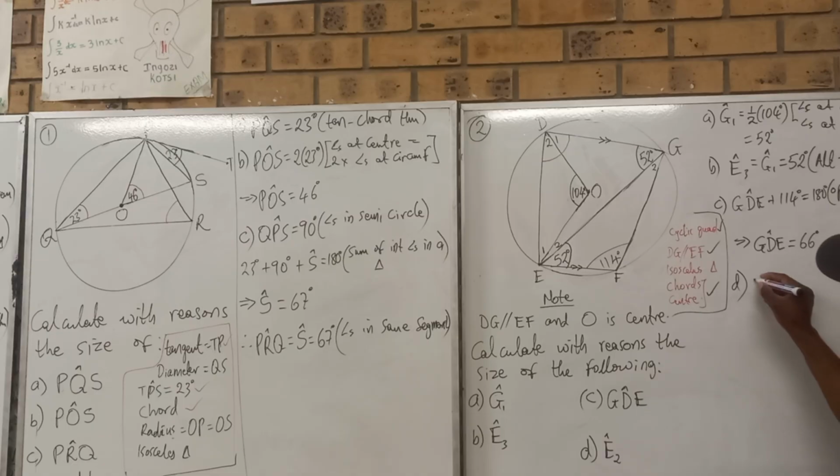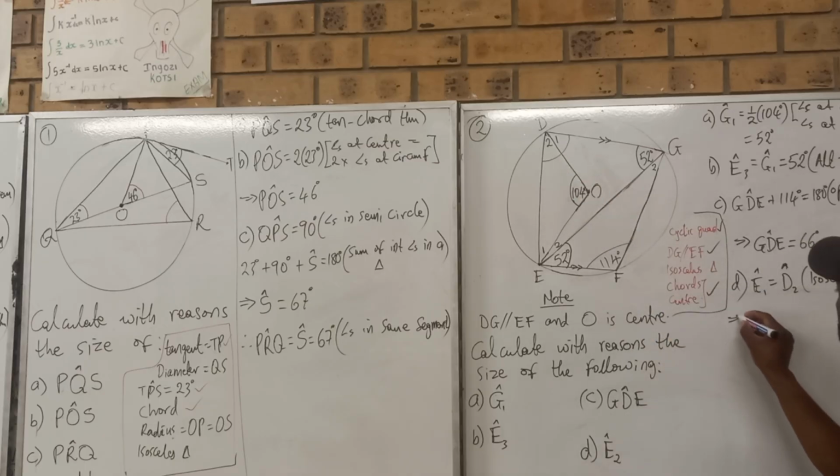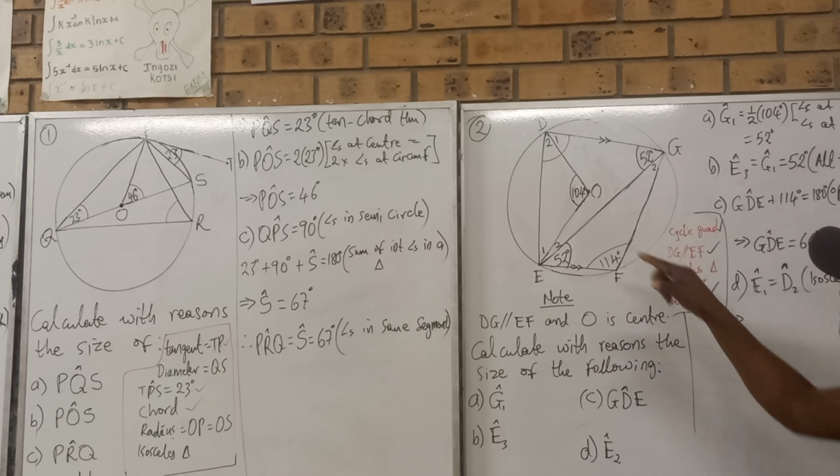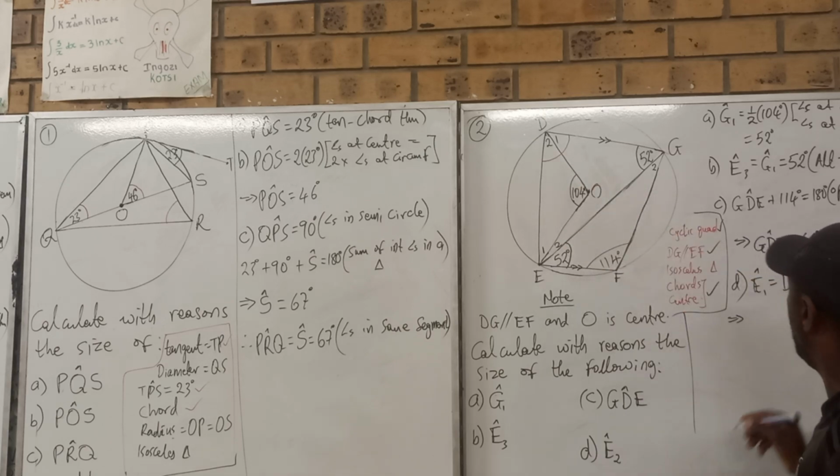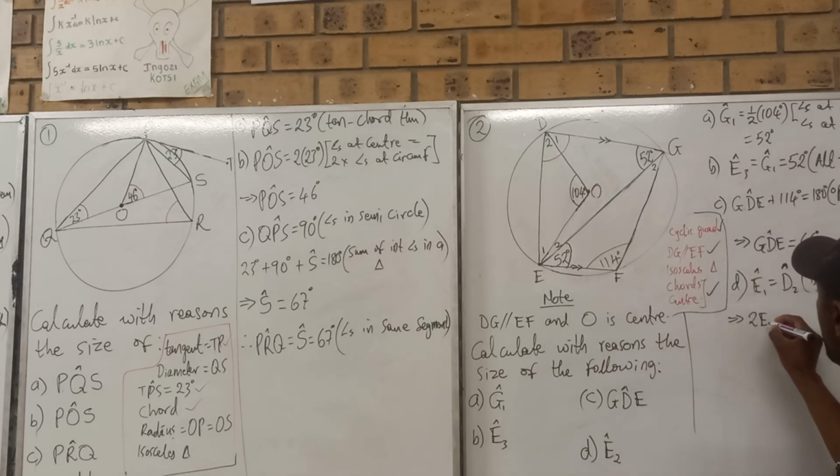So I'll start by saying my E1 is equal to G2, because I'm seeing isosceles triangle DOE. And luckily enough, the angle at the center is given, which tells me that if I'm adding inside triangle DOE, I can say 2E1 plus 104 is equal to 180.